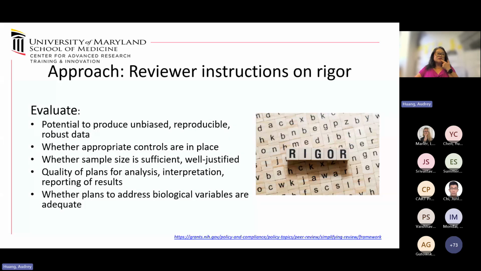So reviewers are asked to evaluate the potential to produce unbiased, reproducible, robust data, whether the appropriate controls are in place, whether the sample size calculation has been done, whether you're looking at enough N, basically, whether the sample size is well justified.